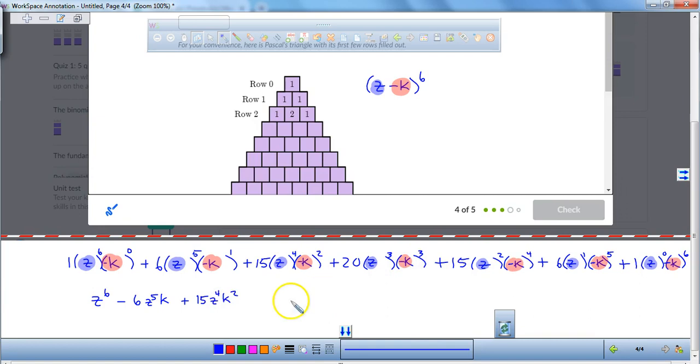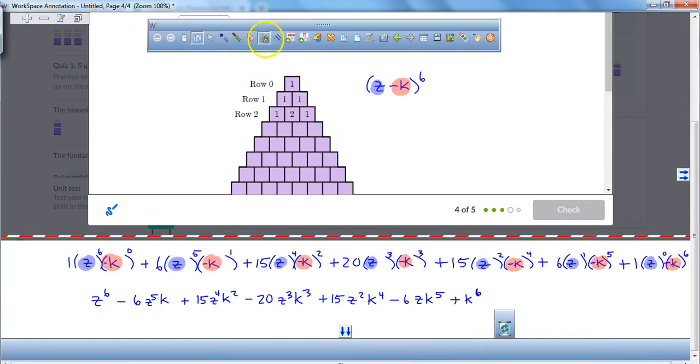Here's an odd number of negatives, so it's going to be minus 20 z cubed k cubed. Here's an even amount of negatives, so those cancel out, and I'm left with plus 15 z squared k to the power of 4. That's an odd number of negatives, so it's going to stay minus 6 z k to the power of 5. And once again, we have an even number of negatives, so it's just going to become plus k to the power of 6.